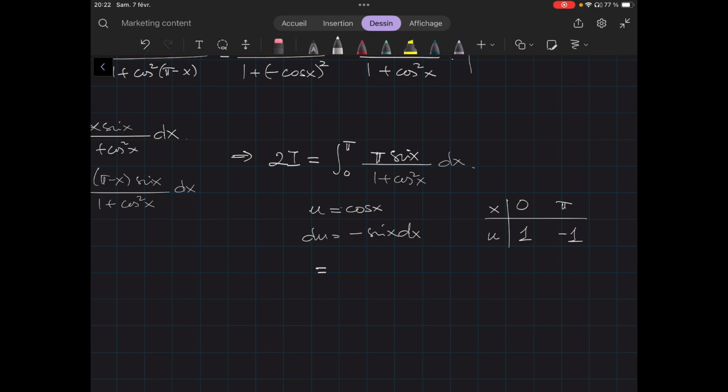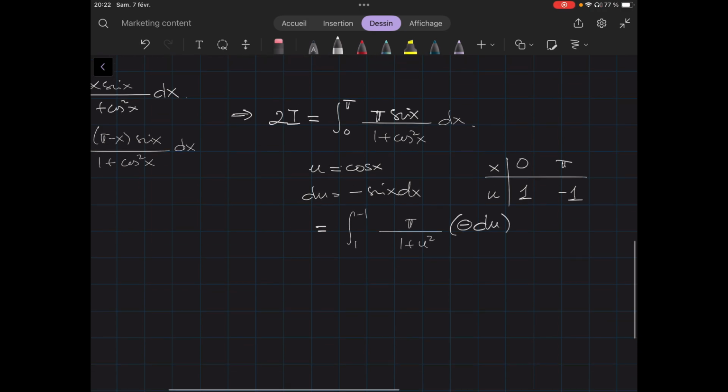This integral now becomes the integral from 1 to negative 1 of pi divided by 1 plus u squared. Upstairs, we have negative du. Take a negative out and change the order of the bounds.